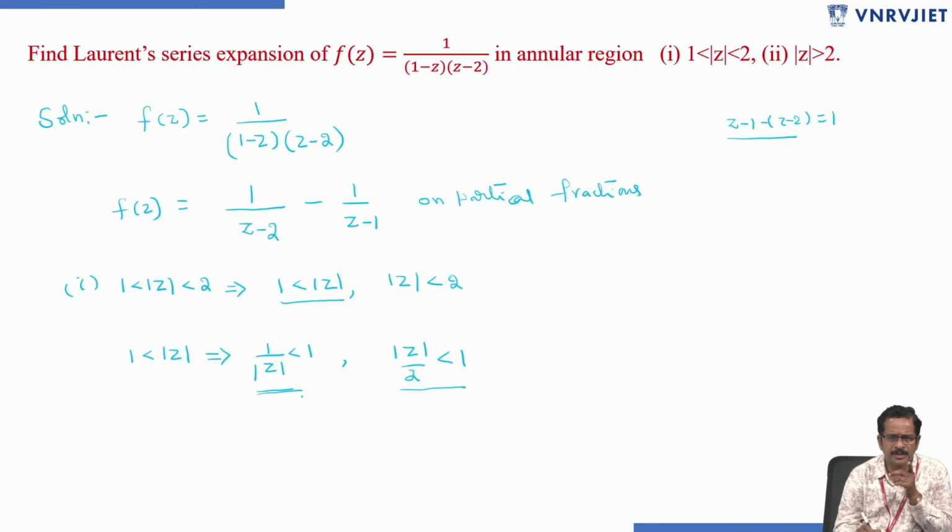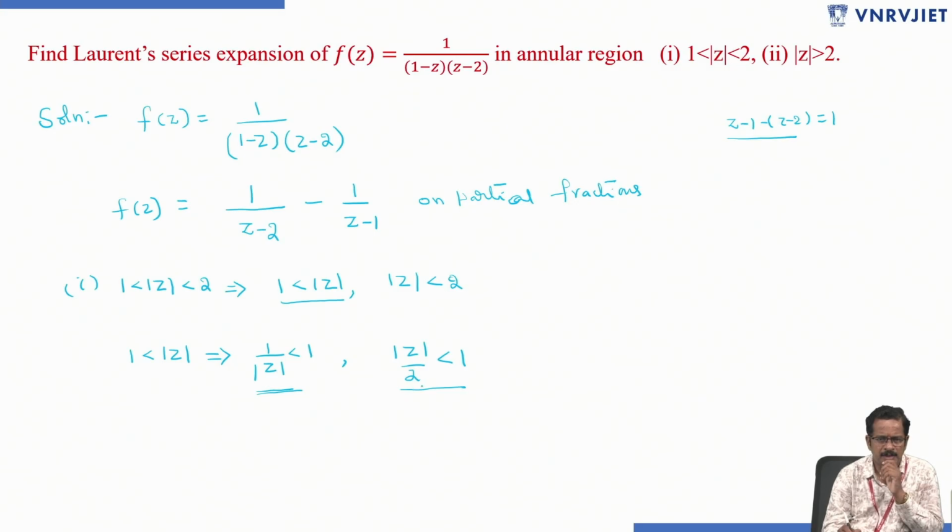For the given function, the Laurent series expansion in the region 1 less than mod z less than 2 should be written in terms of 1 by z and z by 2.